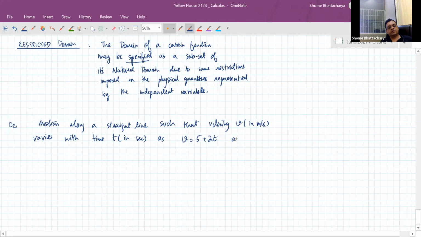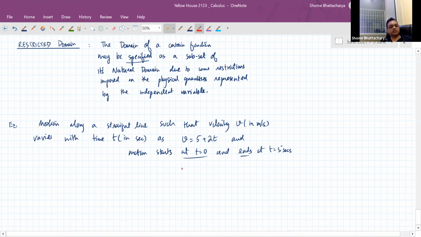And the motion starts at t equal to 0 and ends at t equal to, let's say, 5 seconds.